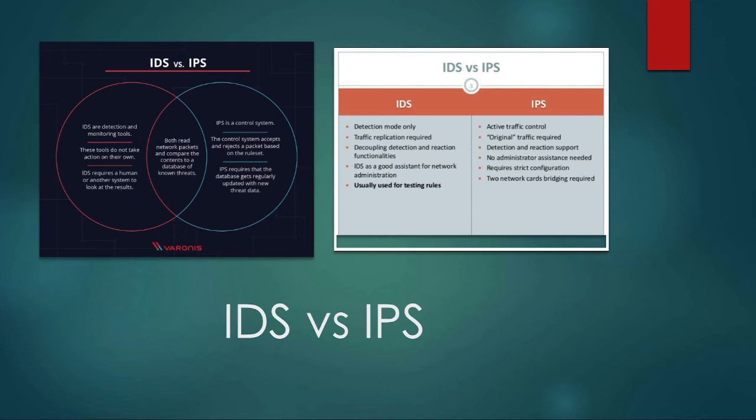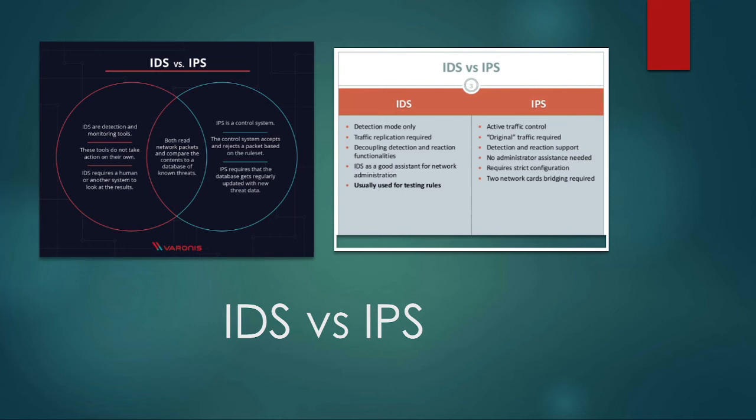And we can do the same type of thing with, for example, packets. This packet is coming in from a known malware source. IDS would just say, okay, I'll log it. IPS would say, okay, I'm going to log it and also block it. Now, IPS ends up needing a whole lot of rules to be able to work correctly.